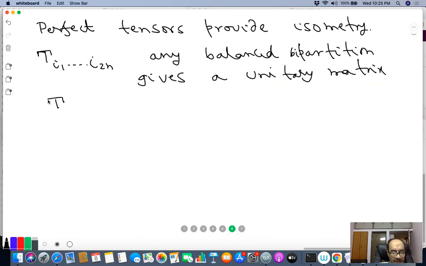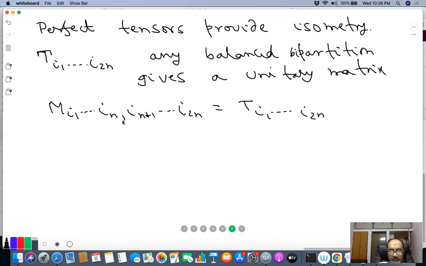Okay, so let me write this way. If we define M I1 to In, n plus 1 to I2n as T I1 to I2n, then this is unitary. Unitary, of course, is a special case of isometry.